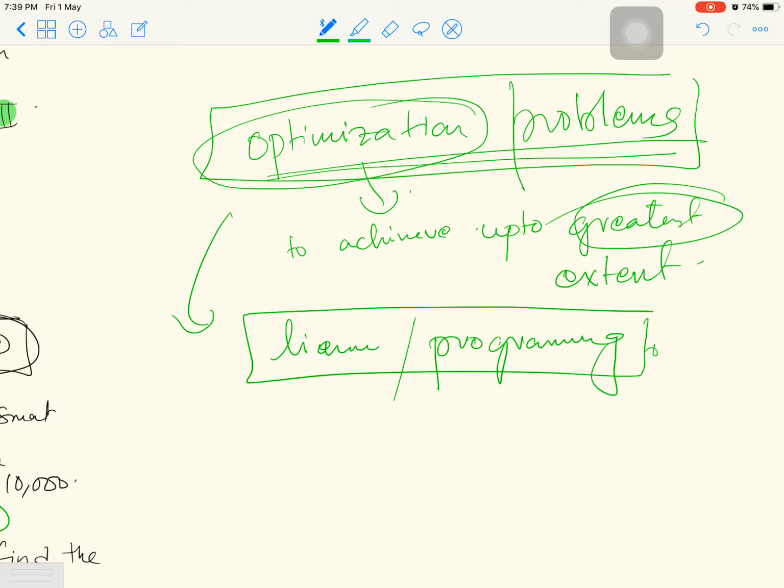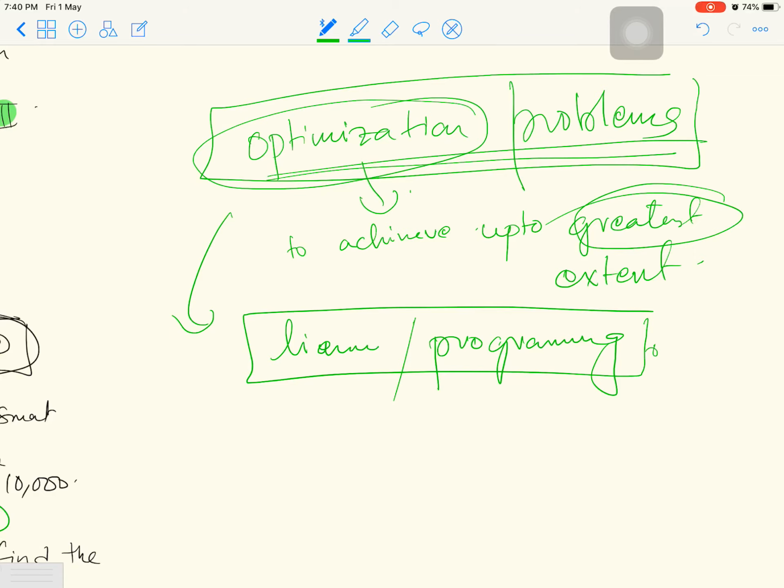A consumer would want a product at the minimum price possible, whereas the shopkeeper would want to sell a product and get the maximum possible profit. These sums can be optimized to get maximum profit for the shopkeeper: what quantities should be sold? So linear programming is a method for solving optimization problems.